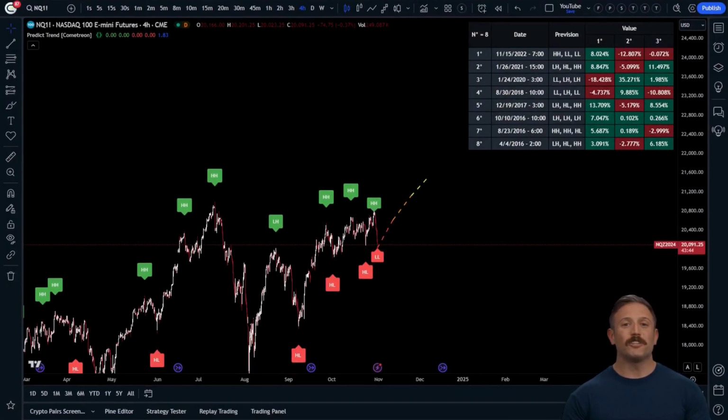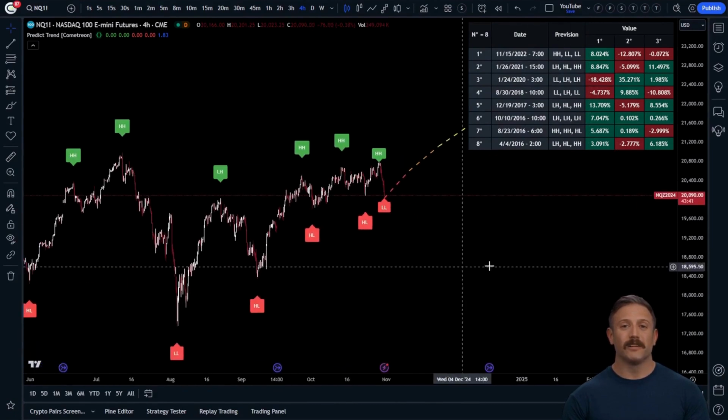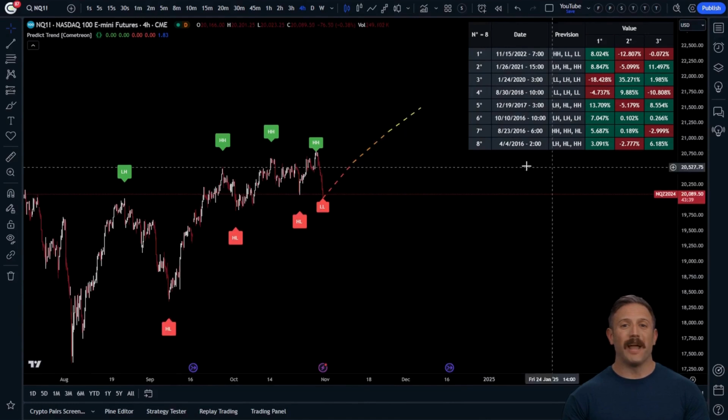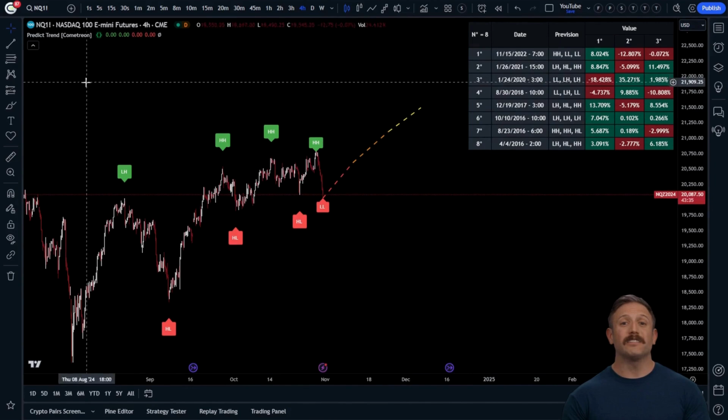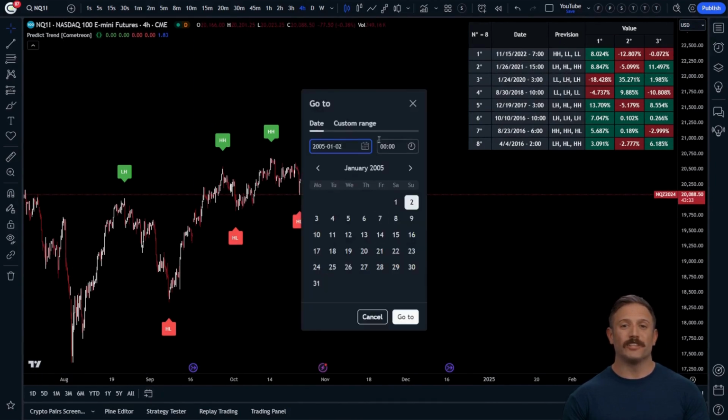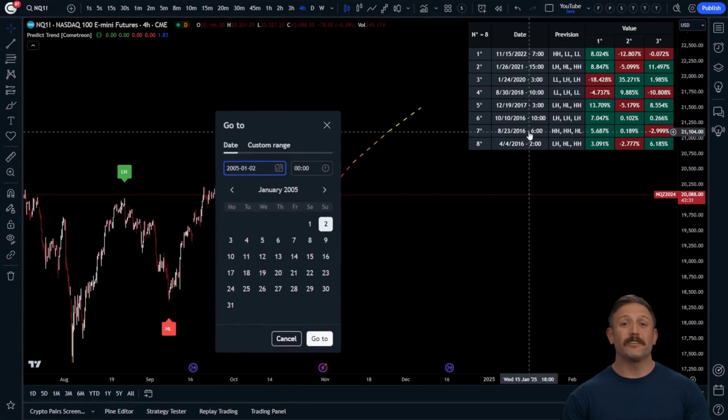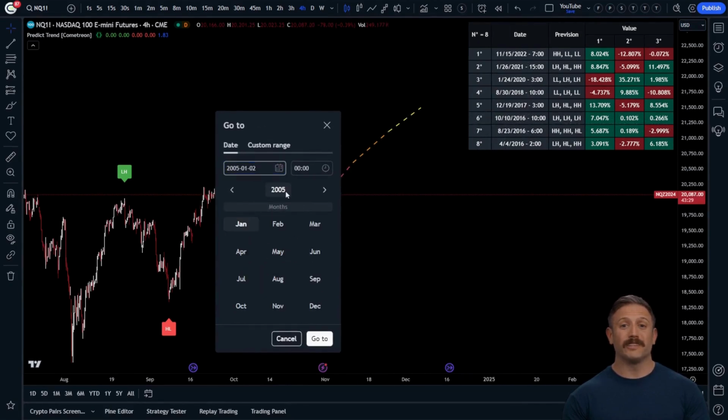Now let's see how to use Predict Trend in practice. Leverage the identified patterns to compare past movements with the current trend, gaining a clear vision of possible future directions. You can enter the date of a specific pattern to examine how the price behaved during and after that pattern.